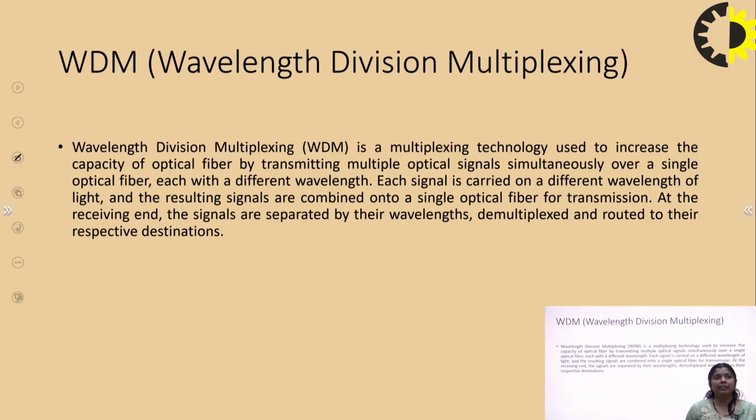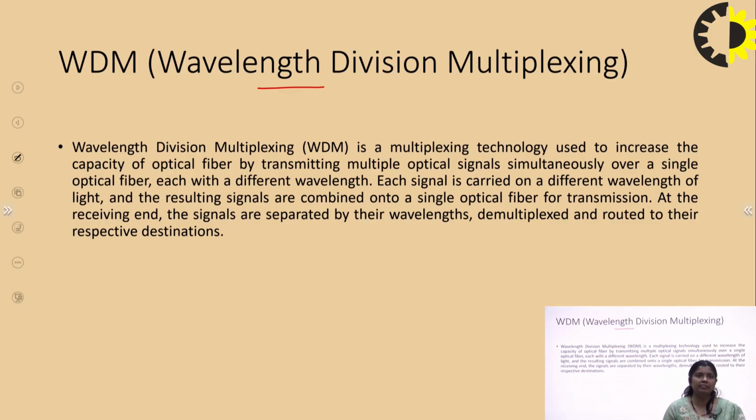Now, the next one is wavelength division multiplexing. It is the same as the frequency division multiplexing technique, only the signals are light signals. Just as in frequency division multiplexing frequencies are traveling, in WDM optical signals, or light signals, are traveling.